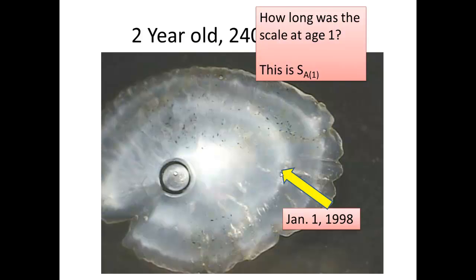So we are assuming that the annulus is laid down in the winter right when it has its birthday. That may not be strictly true, but it's pretty close for most of the species we work with, and as long as we do it consistently, we should get fairly consistent numbers that we can compare across age classes.